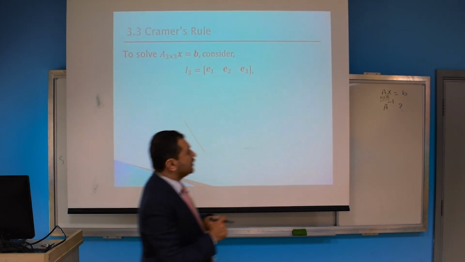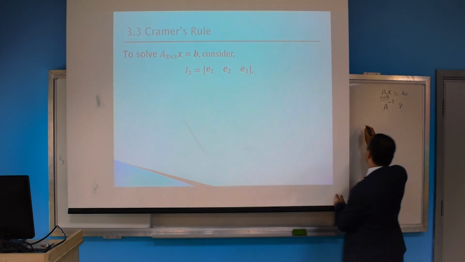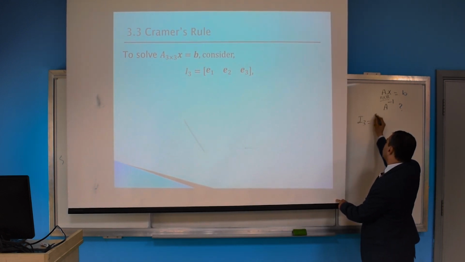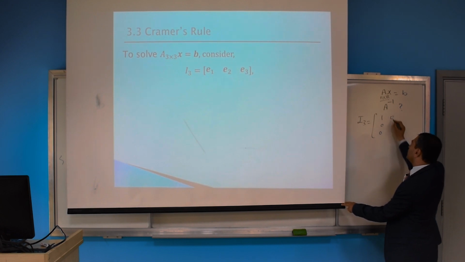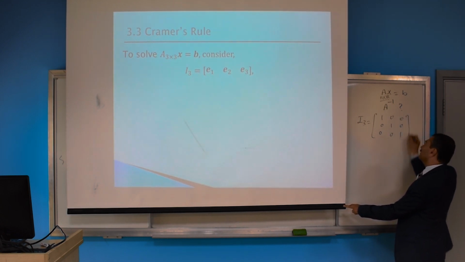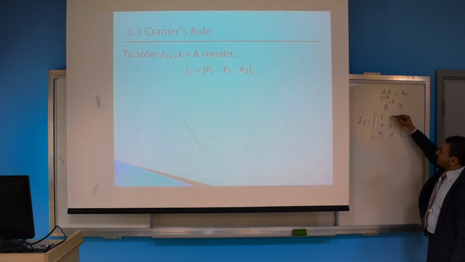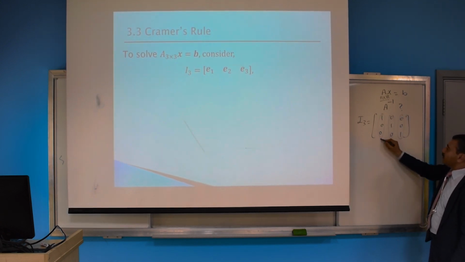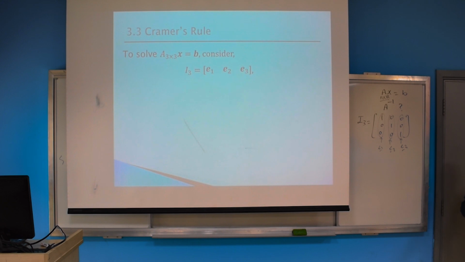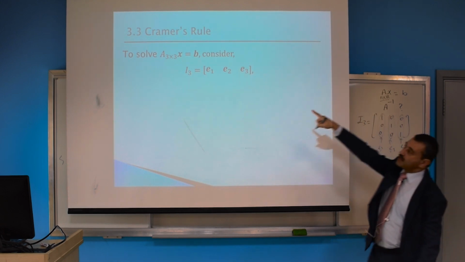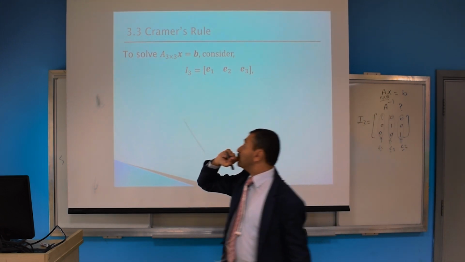And let's define the identity matrix I3 equal to 1, 0, 0, 0, 1, 0, 0, 0, 1. Let me call these columns the vectors E1, E2, and E3. So this is the identity I3, and I'm going to solve this system AX equal to B.